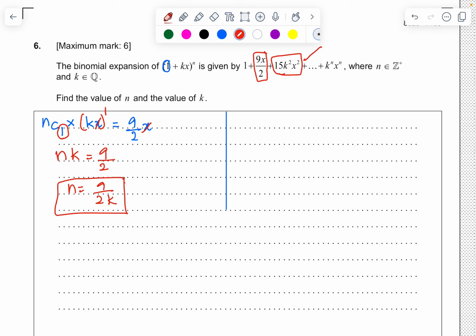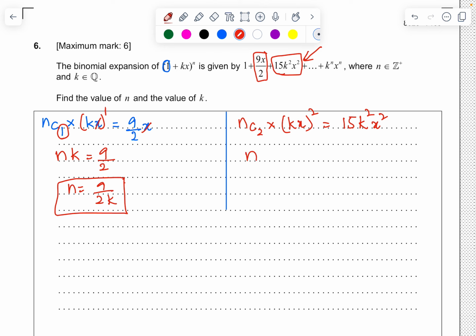Now let us see this third term. Here is the third term. So how do I find the third term? NC2 times, I'm just ignoring the 1 again. So then it's going to be kx whole square, which is equal to 15k square x square. So what is NC2?